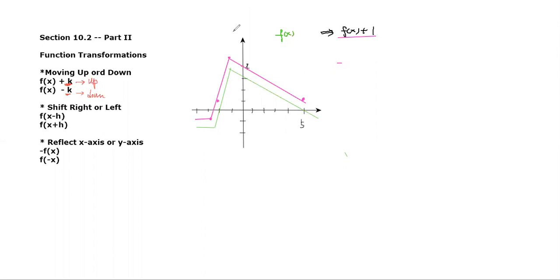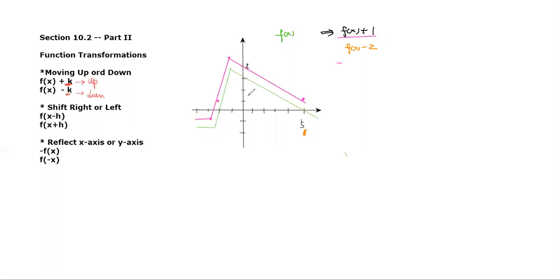So let's try one more. For example, I'm going to do f of x minus 2. Let's see what the graph looks like. This point is at 0, now I'm going to go down 2, right?